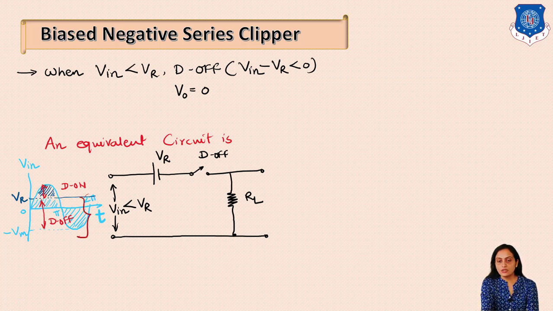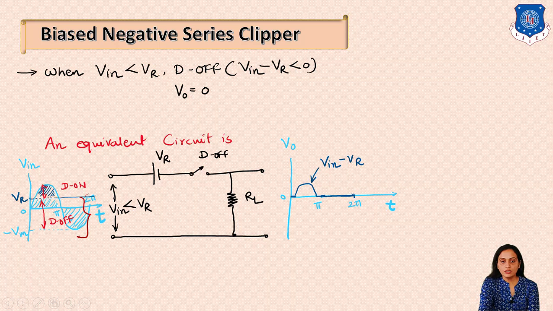So as the diode is off, the output voltage will be 0. The equivalent output voltage is shown over here for this range. And we had already seen the output for the T1 to T2 duration, that is Vin minus Vr, and for the rest the output is 0.